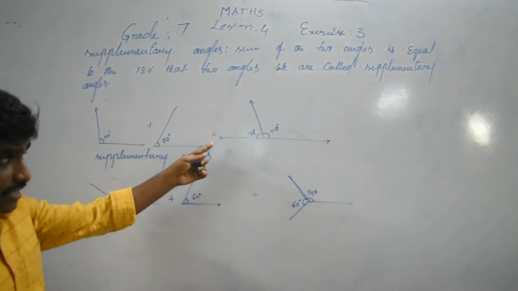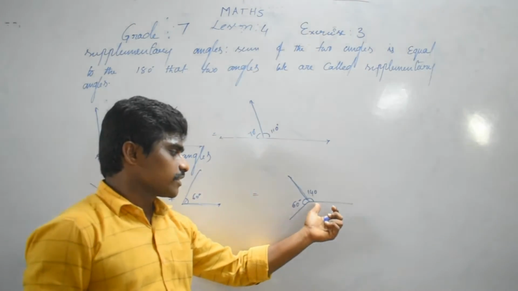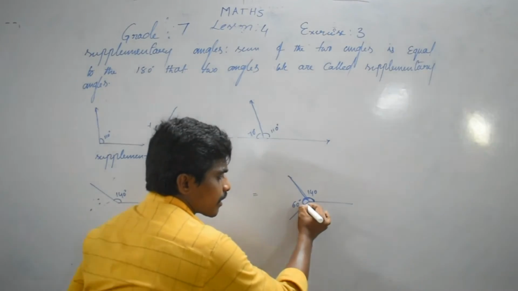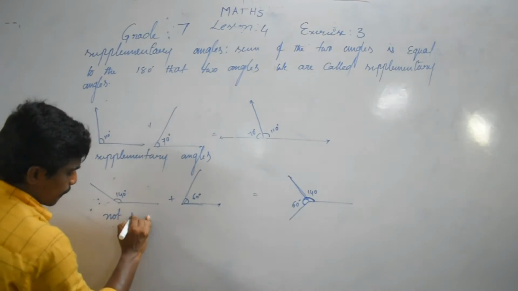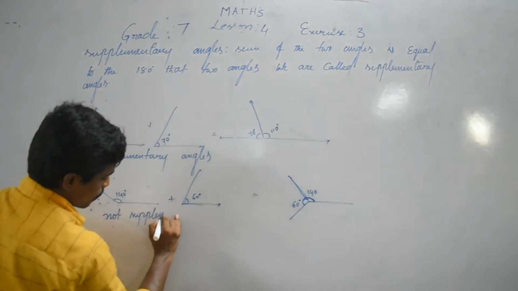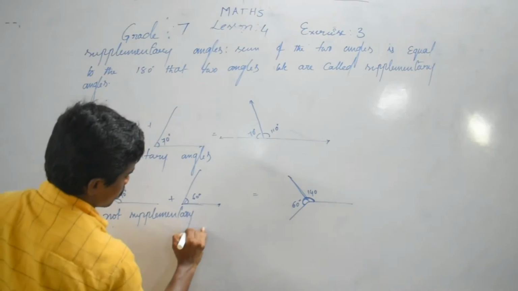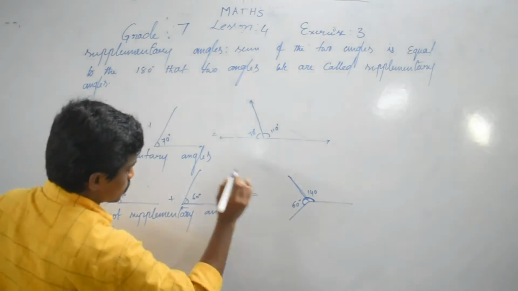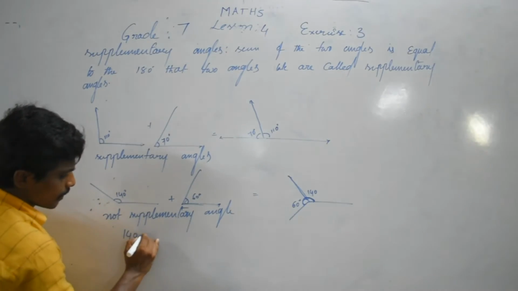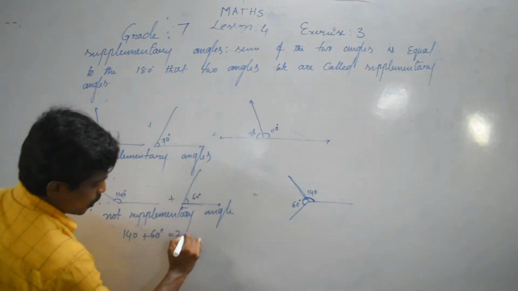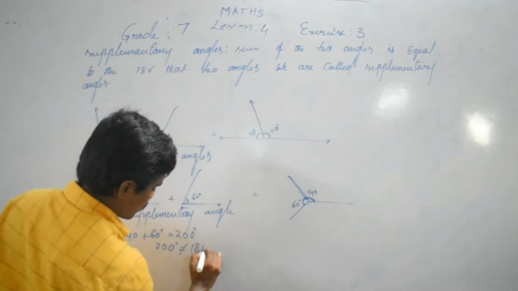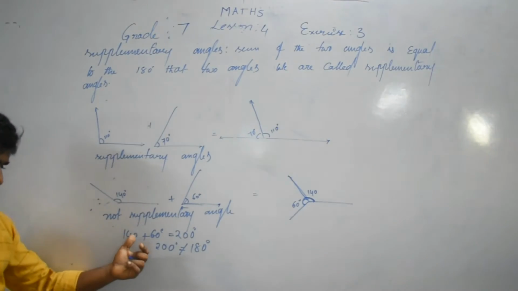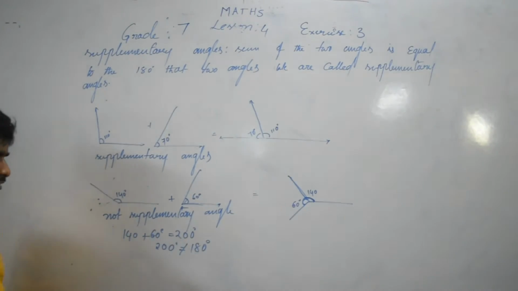Now this is not forming a straight line. Now this is forming a reflex angle. So these are not supplementary angles. Simply, 140 plus 60 is 200. 200 is not equal to 180 degrees. So these are not supplementary angles.